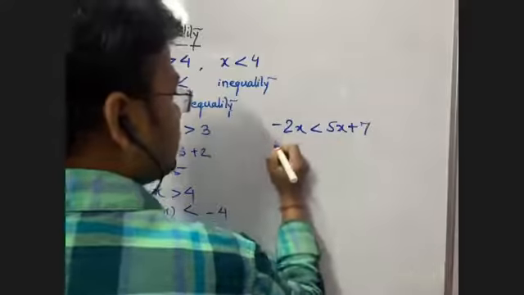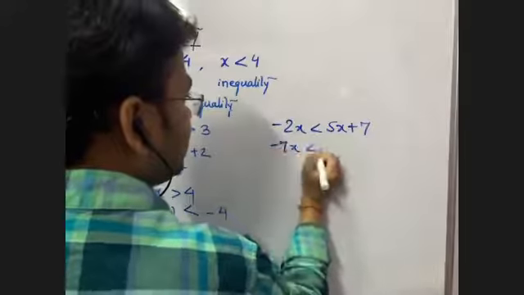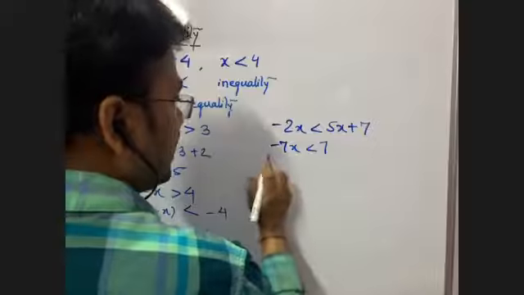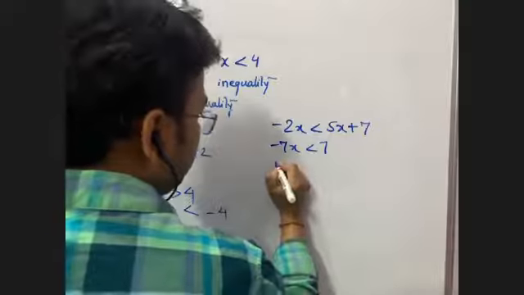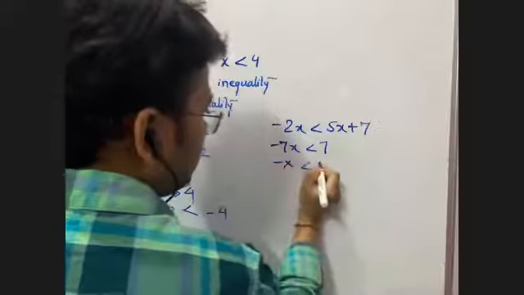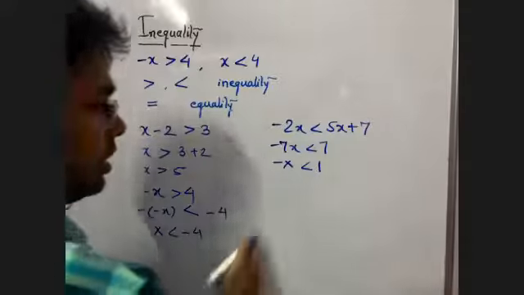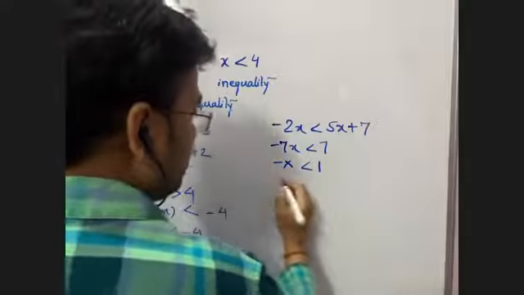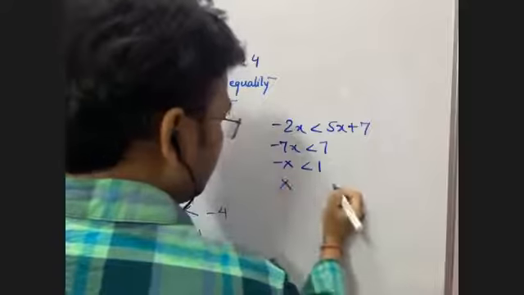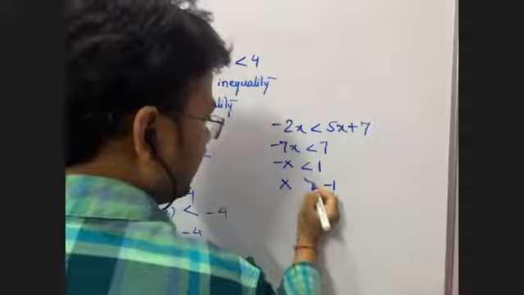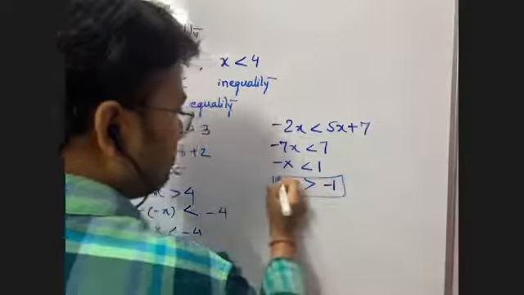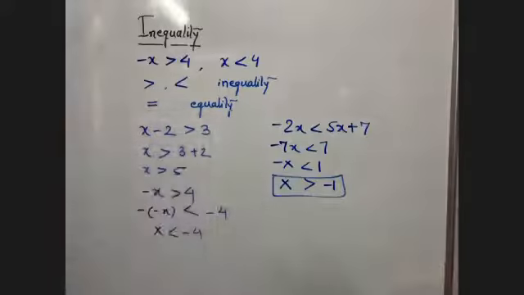Take 5x to the left side, I will get minus 7x less than 7. Now I can divide by 7. What I'll get is minus x is less than 1. Now I want x, so I'm going to multiply by a negative sign. We'll get this, and the inequality will reverse, and my answer will be like this.